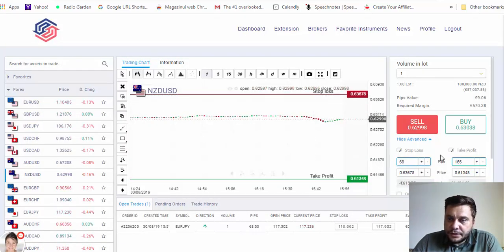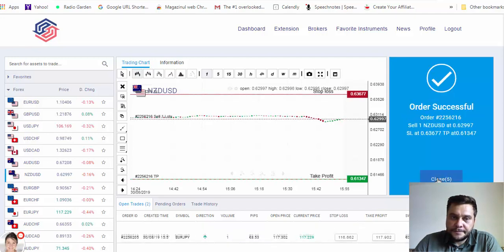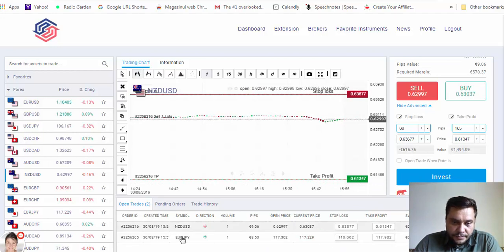New Zealand dollar, US dollar, we have the stop loss at 68 pips and take profit at 165, which is very good because this is set very high. It's a buy, and you will have it here, New Zealand dollar, US dollar.